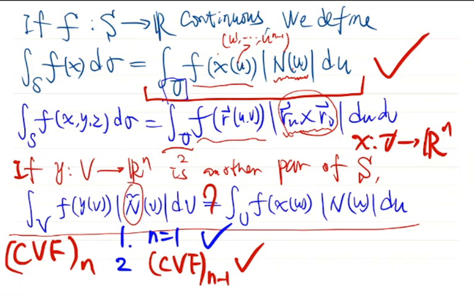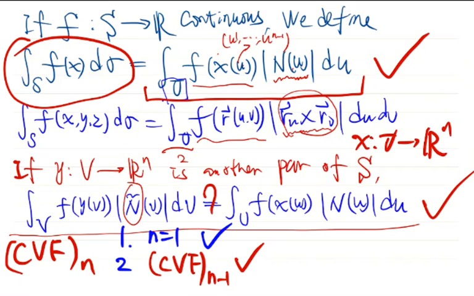If the (n-1)-dimensional change of variable formula is true, then we can prove that this is equal: changing the parametrization of the surface does not affect the value of the integral. This means that our definition of the surface integral is valid.